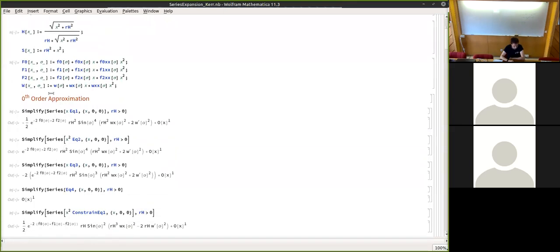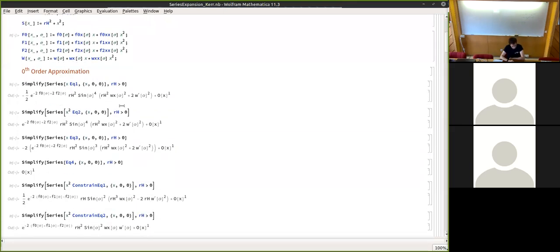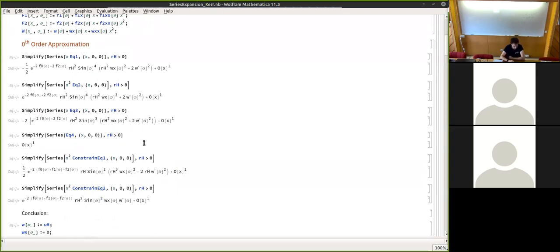So, doing the zeroth order approximation, you obtain these results. Since each one of the equations must be equal to 0, then these results also must be equal to 0. So, for example, from this equation, you see that for this to be 0, either wx or the derivative of w must be equal to 0.